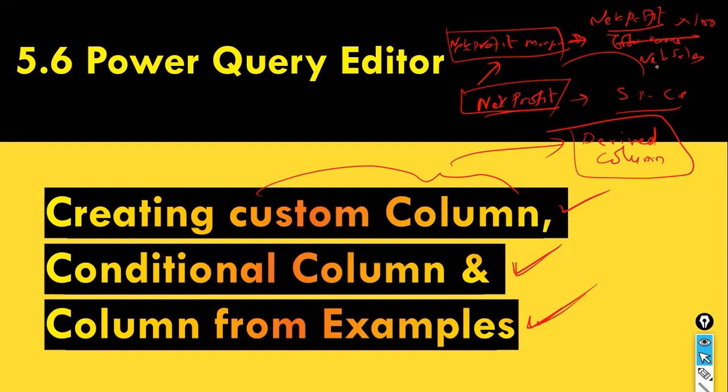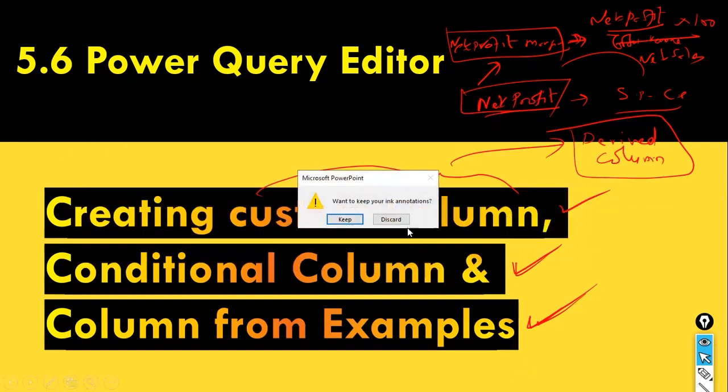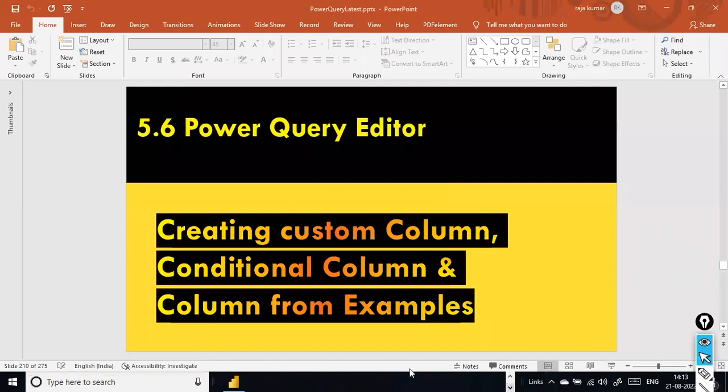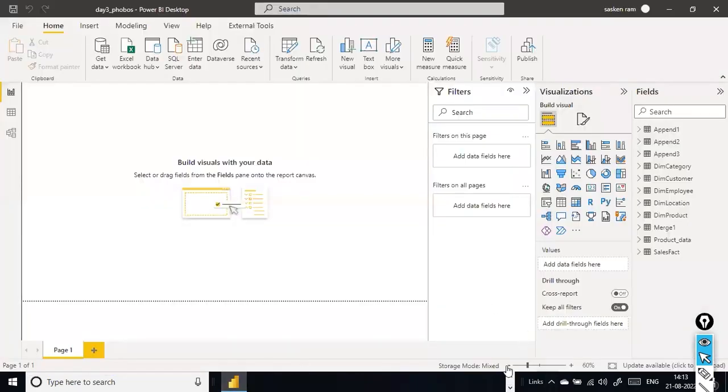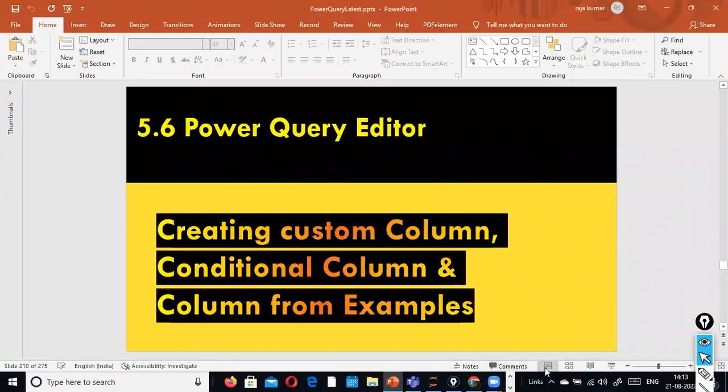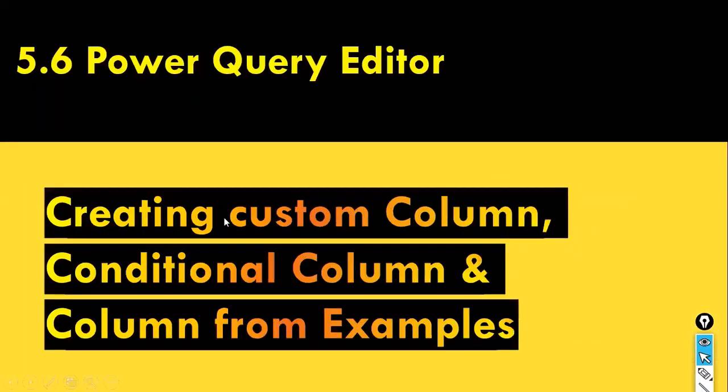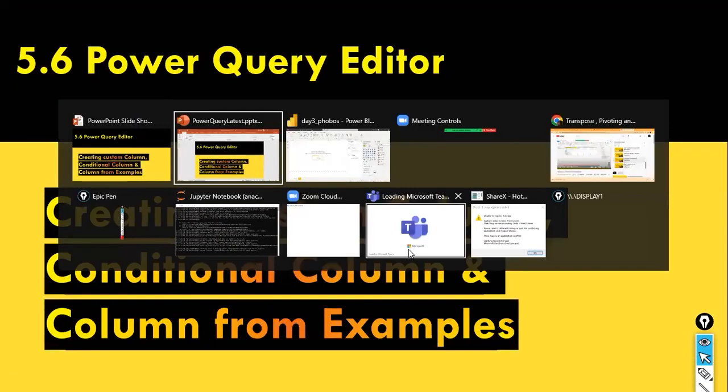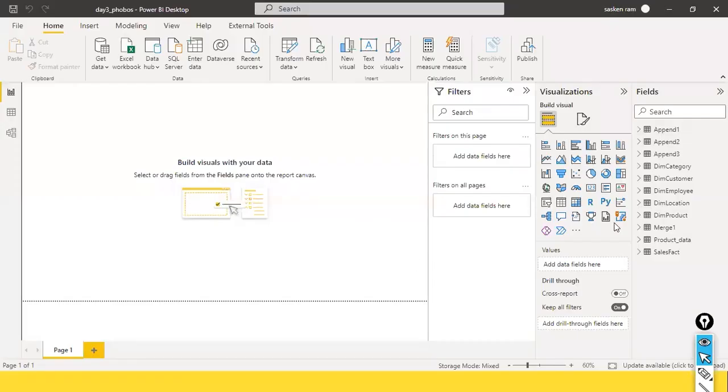Instead of total revenue, we can say net sales. So you can get the net profit margin. Okay, got it. We'll explore each and every one of them here in the Power BI desktop. Here we already have good data.